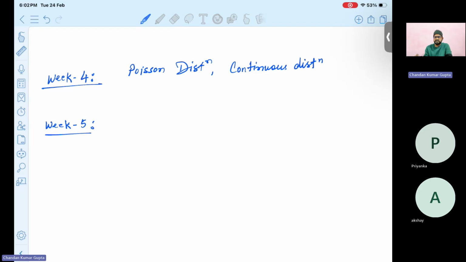Today we will mainly discuss normal distributions, different properties of normal distributions, how to standardize the normal distribution, and the log normal distribution.